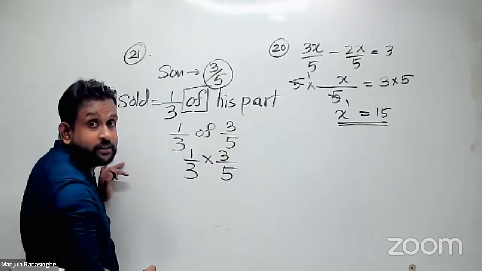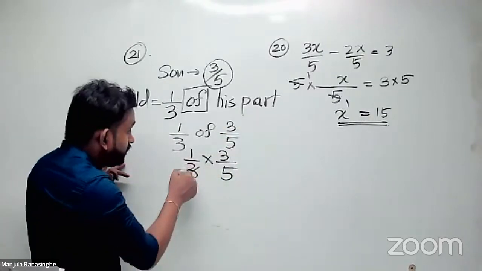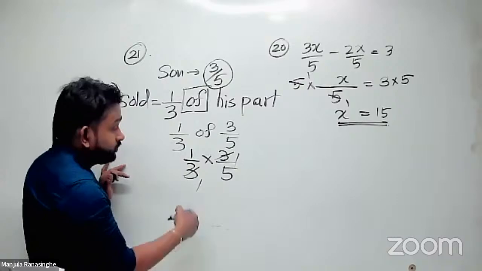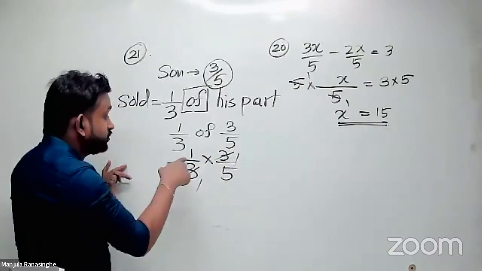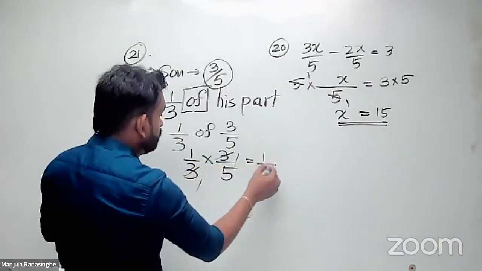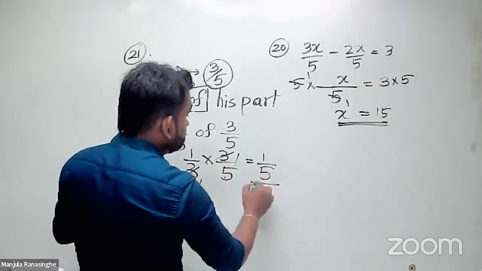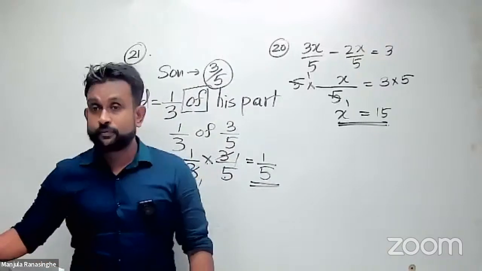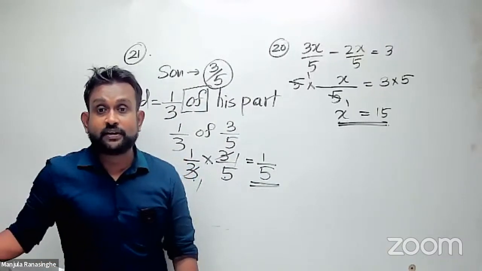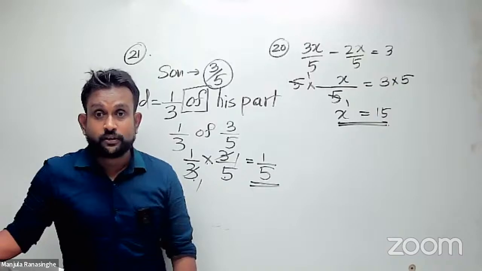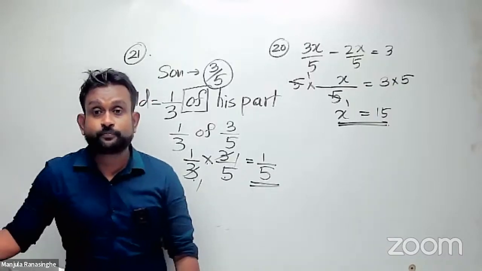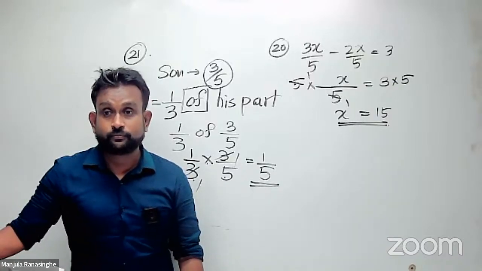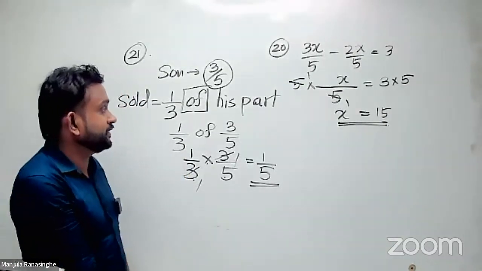Now see the fraction multiplication: 1/3 times 3/5. There is no simplification needed; just multiply 1 into 1, 1, and 3 into 5, 15, so the answer becomes 1 upon 5. Got it? That is the answer for question number 21: 1 upon 5. Correct.